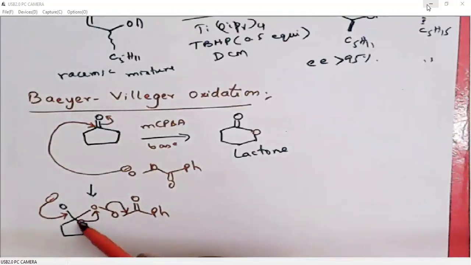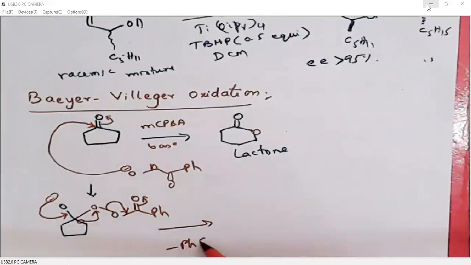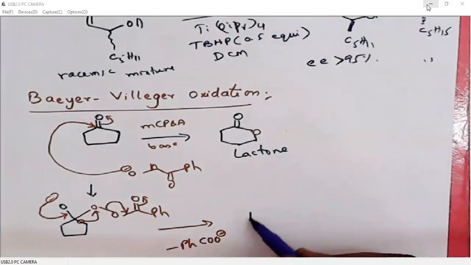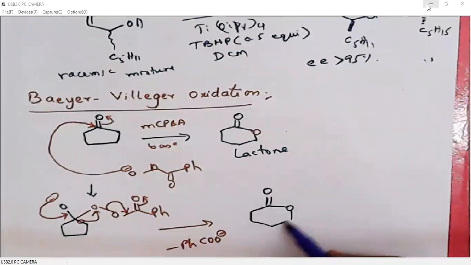So when this carbon shifts to oxygen, the peroxide bond will break down. So it generates PhCOO minus, and it becomes a lactone. If we use a 5-membered ketone, we will get a 6-membered lactone.